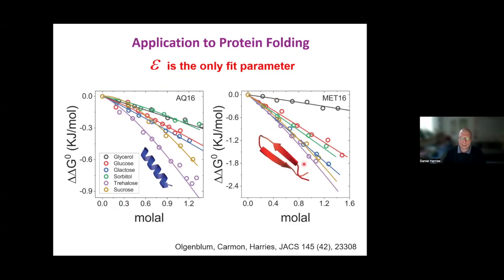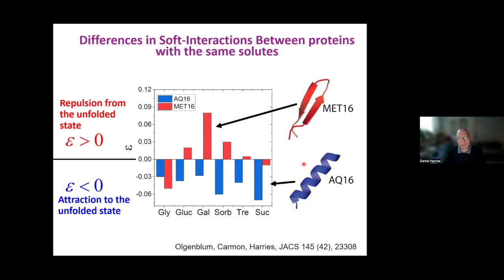And this is, even if you look at the per amino acid level or the size or the exposed area of these proteins. So that is already a clue that tells us that the epsilon has to be different, this interaction between the solute and the protein is different for the two proteins.